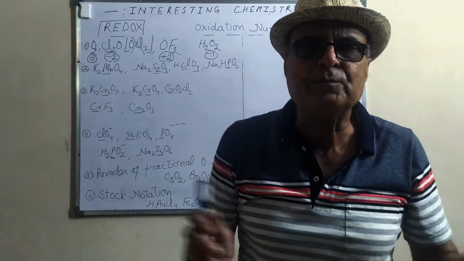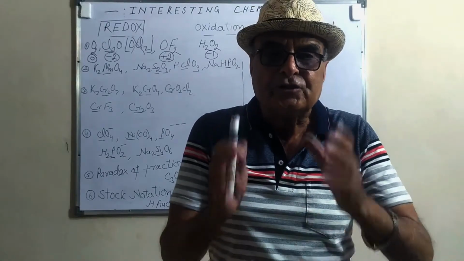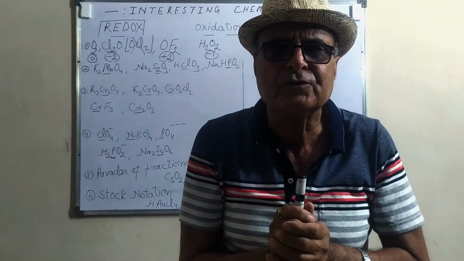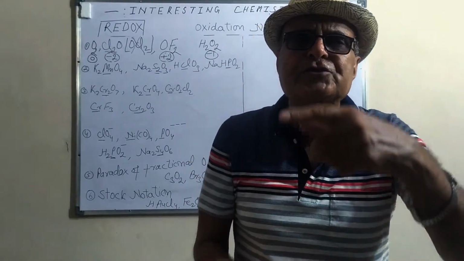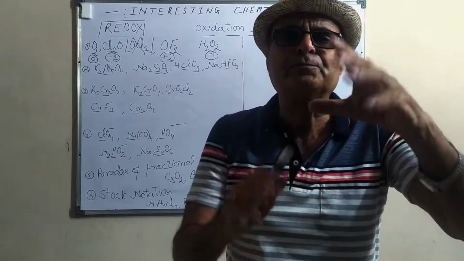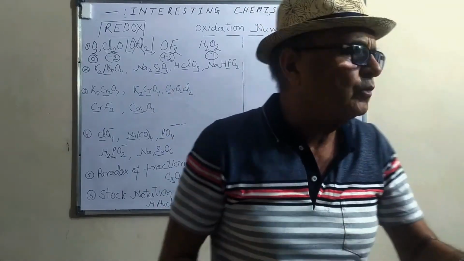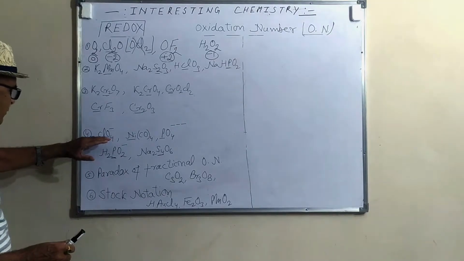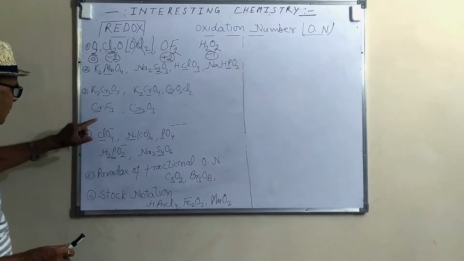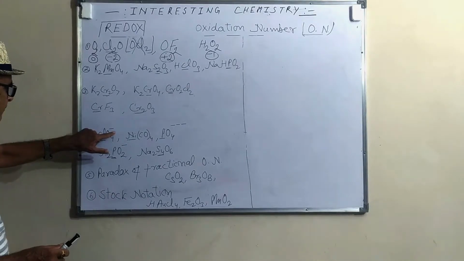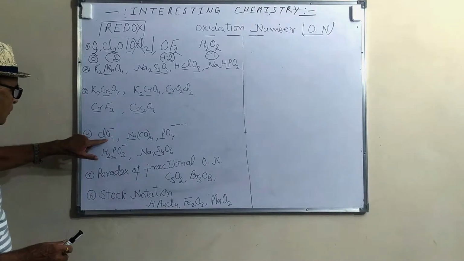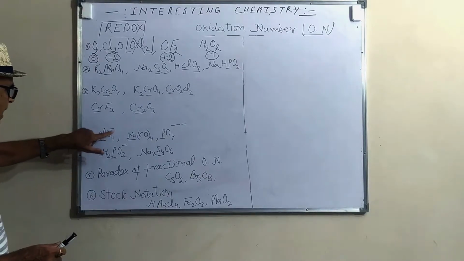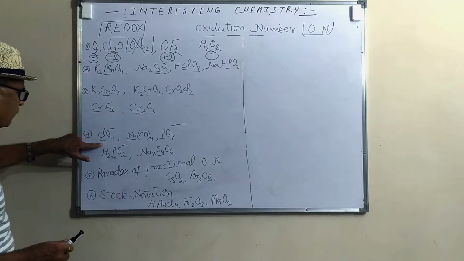In polyatomic ions, the sum of the oxidation numbers of the atoms is equal to the charge of the polyatomic ion. So here the sum of the oxidation numbers of chlorine and oxygen is equal to the charge of this polyatomic ion.